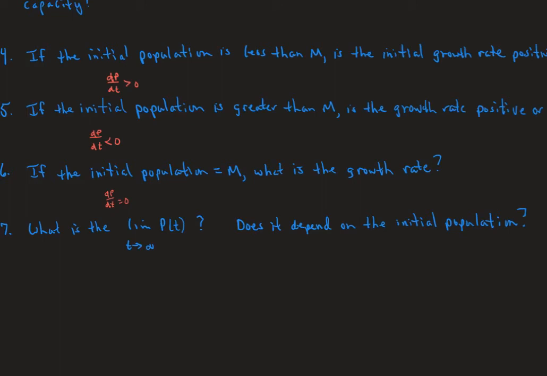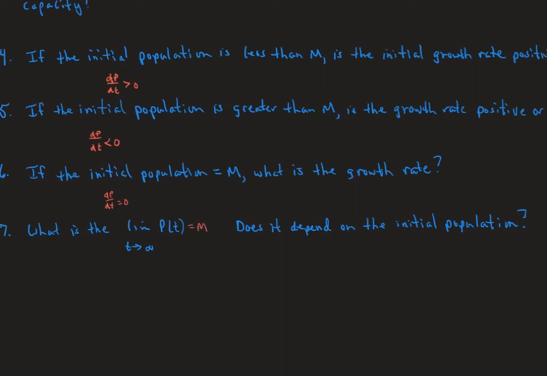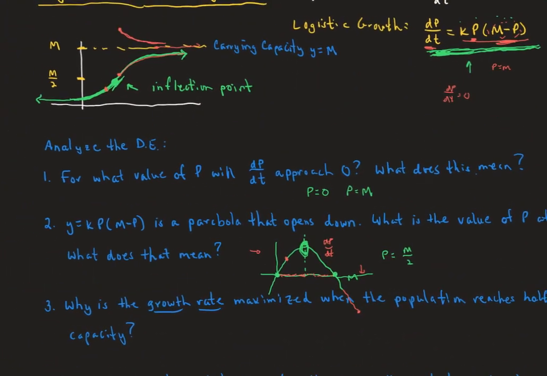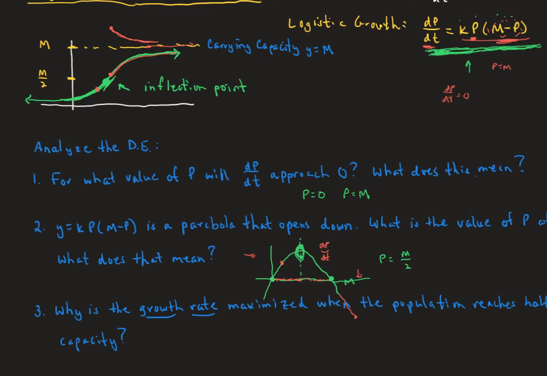So what's the limit as t goes to infinity of the population? Well, it's going to be M no matter where it starts. So it will equal M. So if it starts below the carrying capacity, the conditions are going to push it so that it tries to grow and reach that carrying capacity.